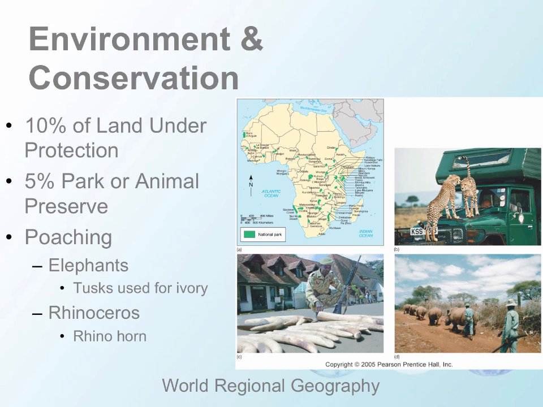But I don't want you to think about poaching just in terms of the effect on animals. Think of who's doing the poaching, what that says about local security, where the money from the poaching is going, what it's being used for.